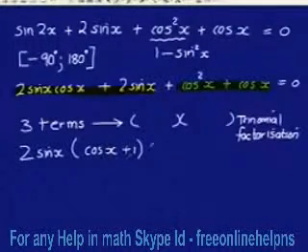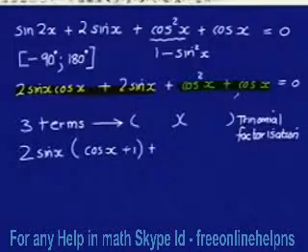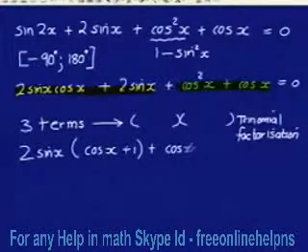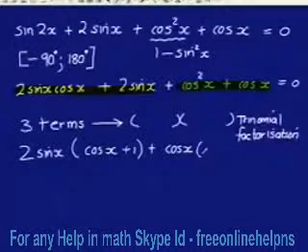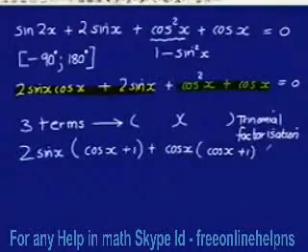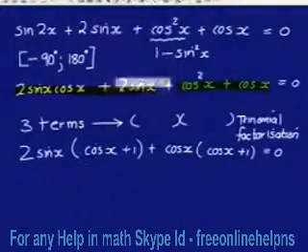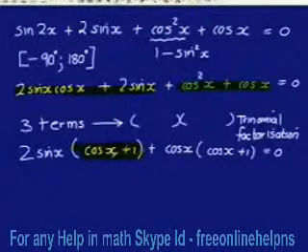Excellent. Right, and now from the next 2 terms, what do you see that they have in common? Cos x. Cos x, great. And what do you leave behind? Cos x plus 1. Okay. Now can you see that what you've done is you have successfully got a cos x plus 1 here and a cos x plus 1 there.